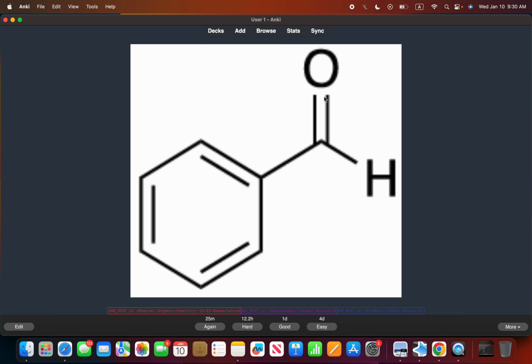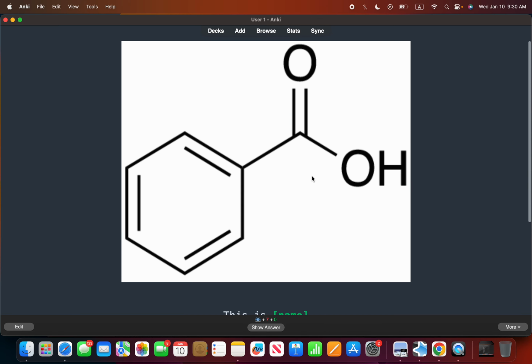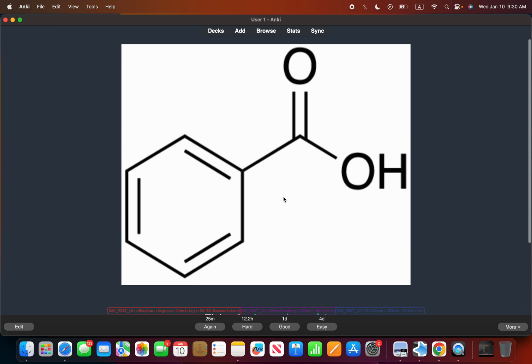So this is an aldehyde, the benzene ring, benzaldehyde. This is benzoic acid. Get rid of the enoic, it's benzoic acid. Don't be annoying. Benzoic acid.